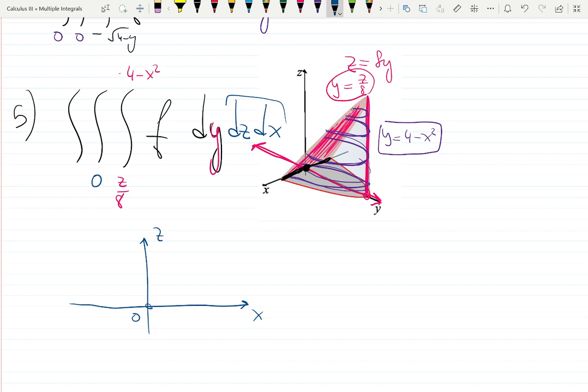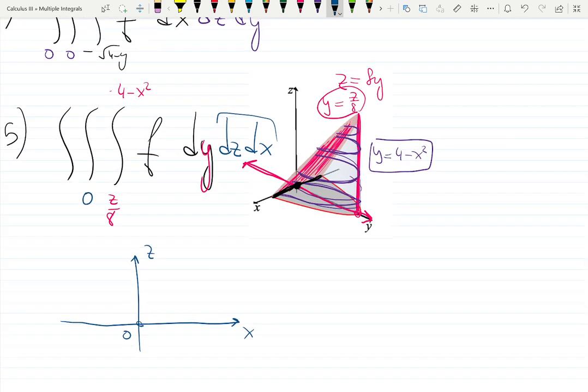It's not just that there is no y here, but z keeps going from 0 up, sticking to this tilted shape. And this shape is made up with this parabola. So this shape makes a shadow onto the plane we're looking at.